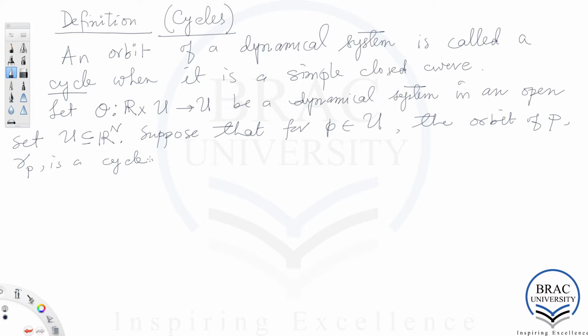Then there exists a positive number, positive number big T, of course, such that theta big T comma P, theta is the flow, right, of the underlying dynamical system.